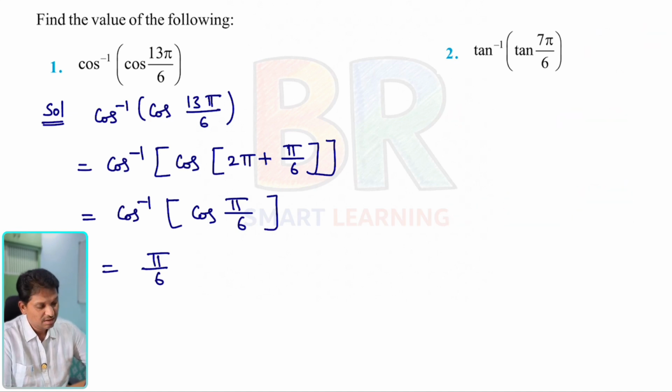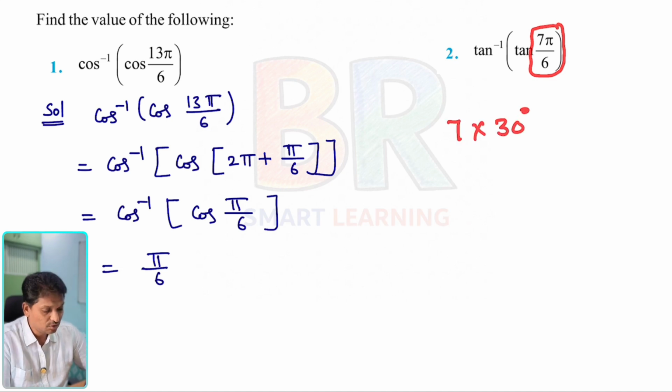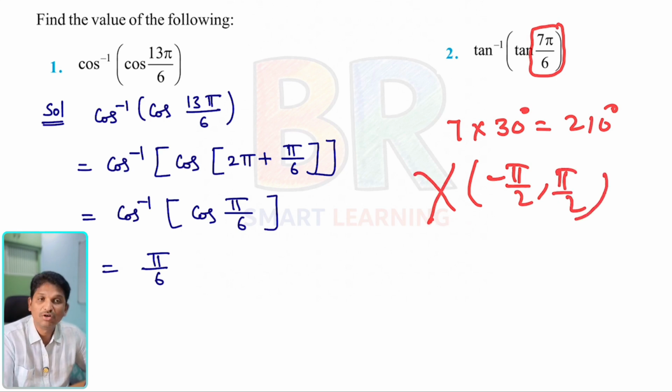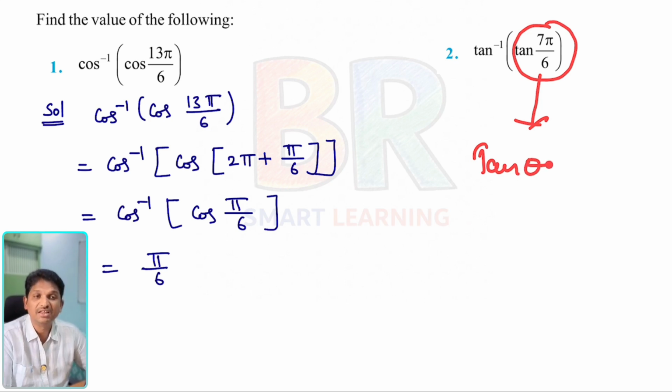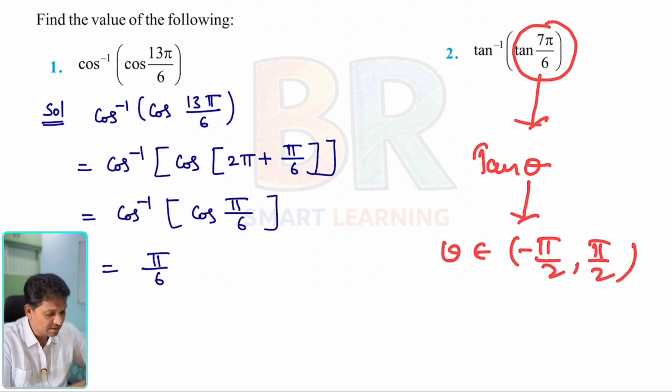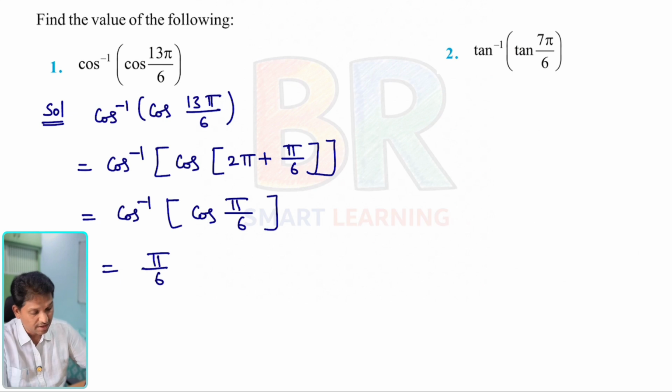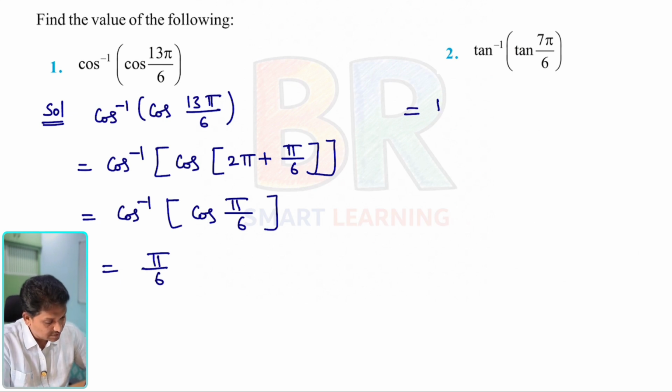Now what do I do? Here pi by 6 is 30 degrees. 7 into 30 degrees is 210 degrees. So this 210 degrees is not in this interval. So I convert this again by using trigonometry formulas. I'll write it in the form of tan theta and make sure that theta is in this interval. So tan inverse of tan 7 pi by 6.